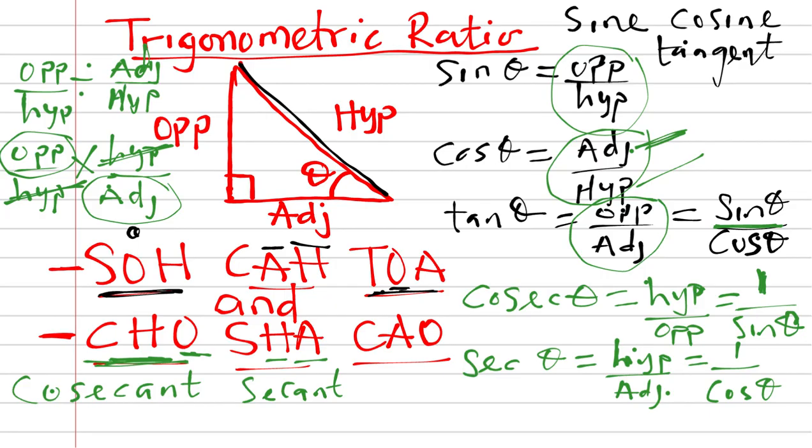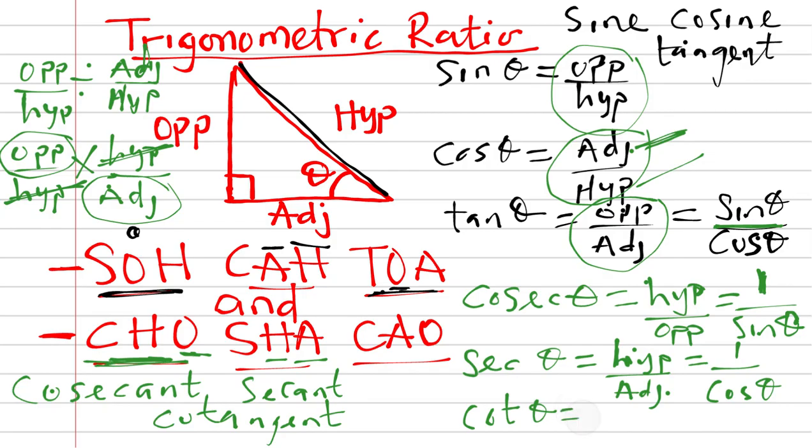Alright, the next one now is what we call the cotangent. It is represented as cot theta. From the name cotangent, you can already tell that it means the inverse of tan.